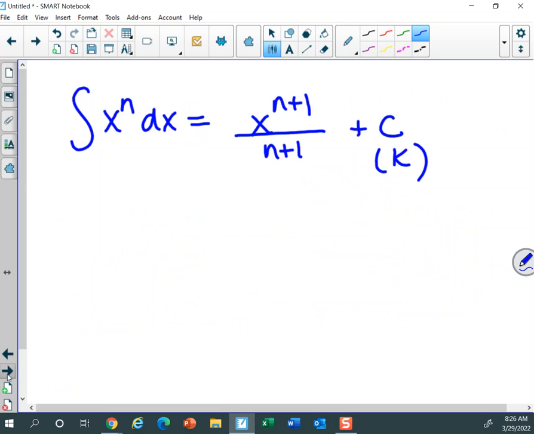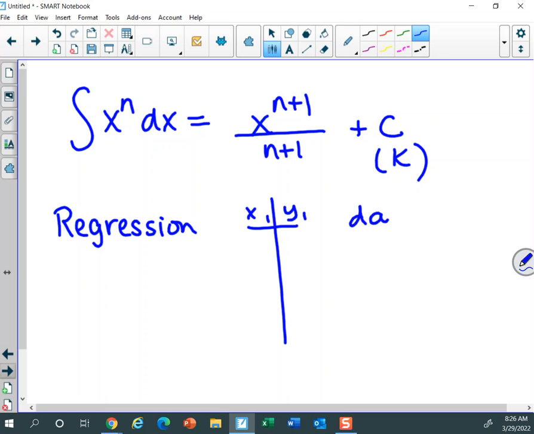Just a reminder, when we are doing regression things on Desmos, first of all, your table of data is there, typically with subscripts. Whatever subscripts are in your table, you have to pay attention to.